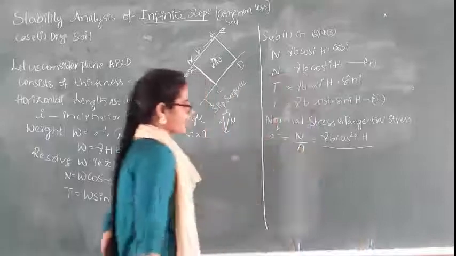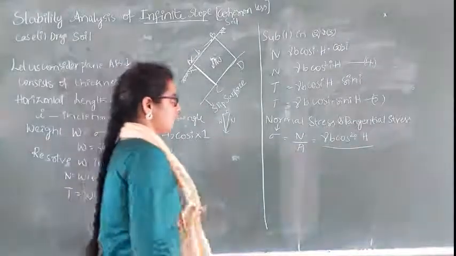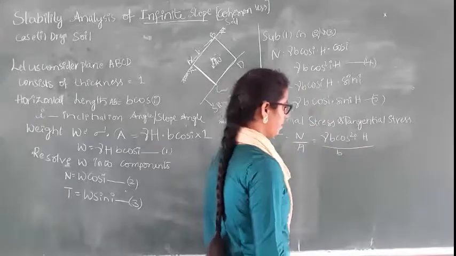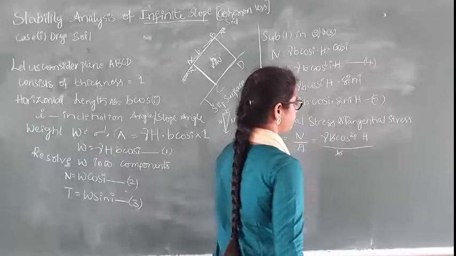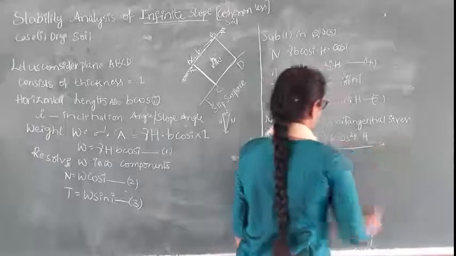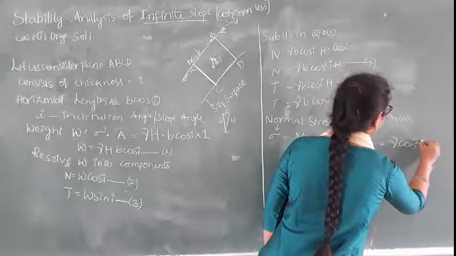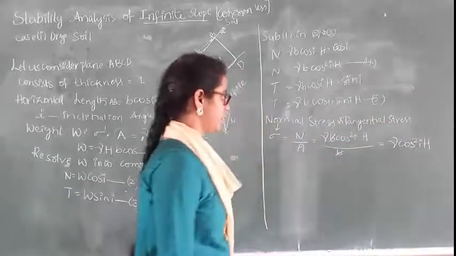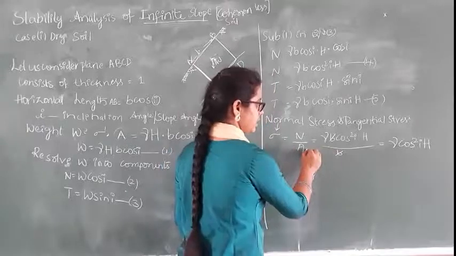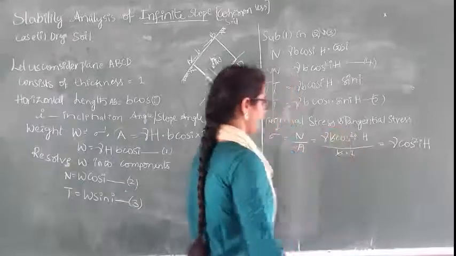And area is equal to length into thickness. Thickness is 1, so the area will become equal to B. So the normal stress is equal to gamma cos square I into h. The area of the ABCD plane is equal to B because the thickness is 1 and the length is B.